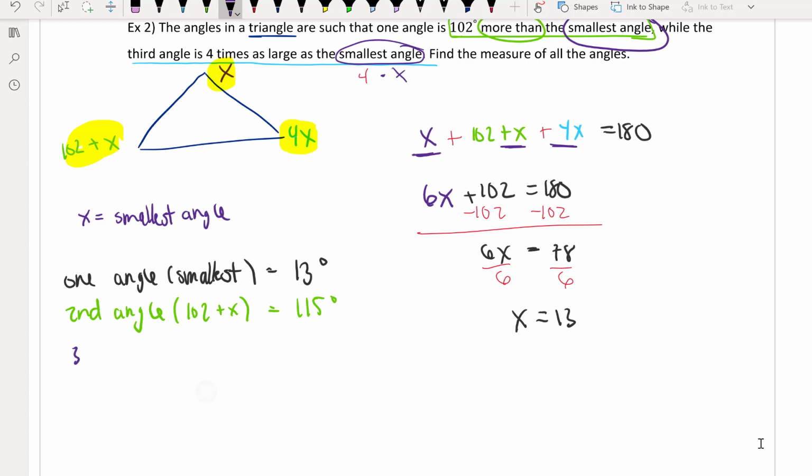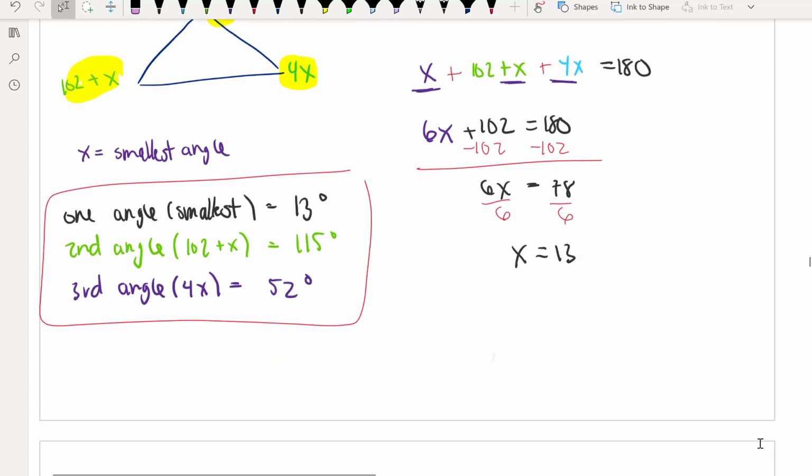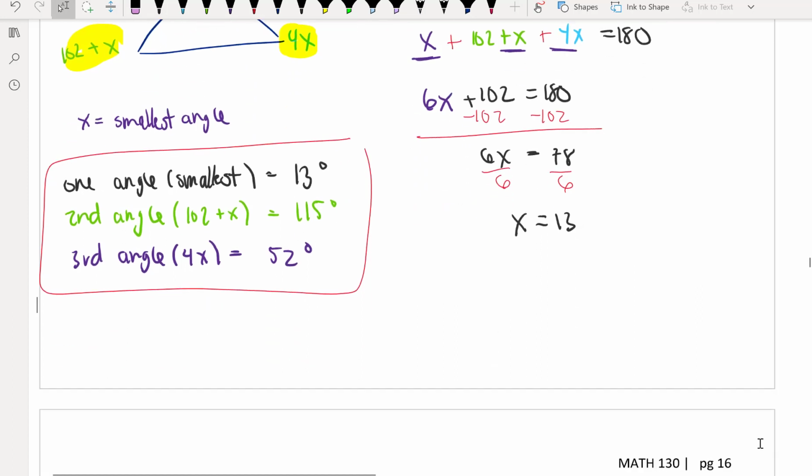And then, of course, my third angle, that was the one that was 4 times x, and that x value is 13, so 4 times 13 is going to give me 52. And notice that when I add all of those together, 13 plus 115 plus 52, they all add up to 180 degrees, which is exactly what we wanted to happen. Okay.